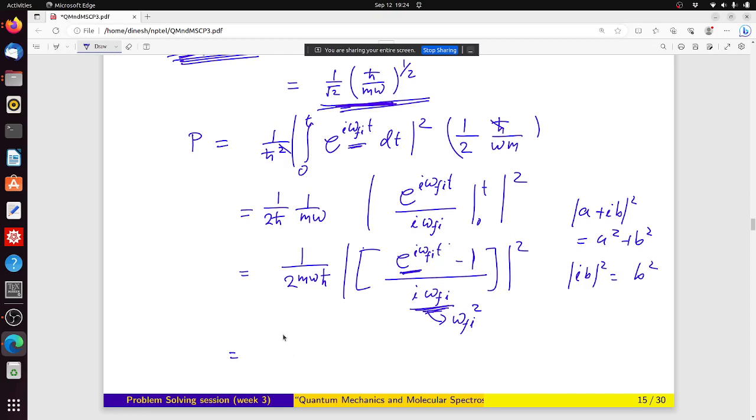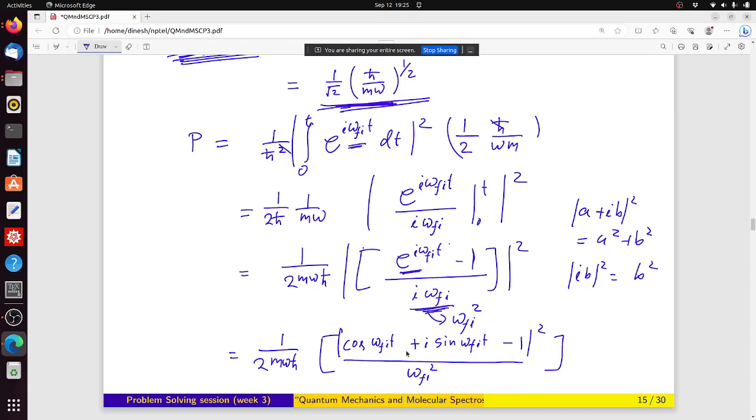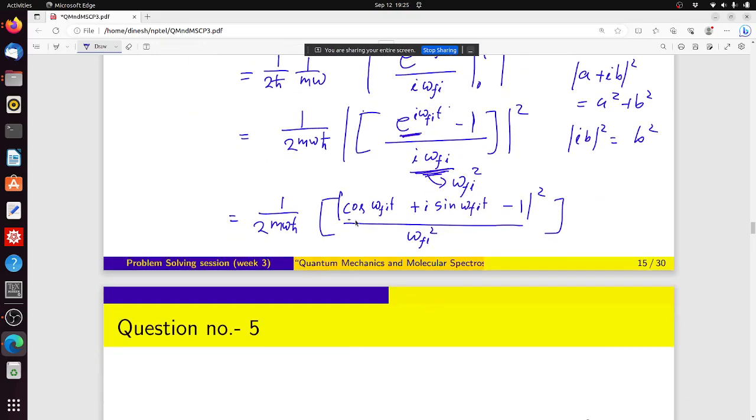I can write it as cos omega fi t plus i sin omega fi t minus 1. Let's take mod square here; for omega fi, I already did the mod. You see this is a real part, minus 1 is also a real part, this is the imaginary part.